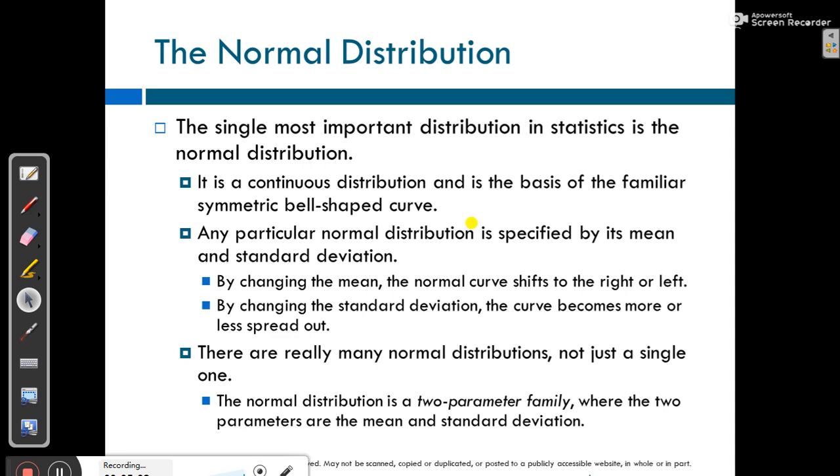There are really many normal distributions, not just a single one. Normal distribution is a two-parameter family where the two parameters are the mean and standard deviation. So in the basic sense, a normal distribution can be parameterized by two values, the mean and standard deviation.